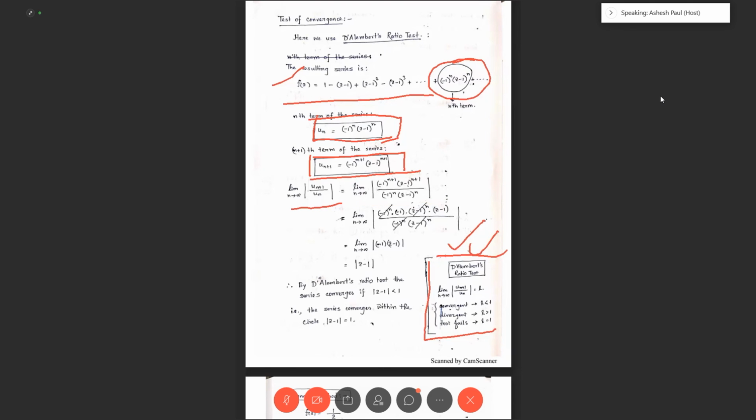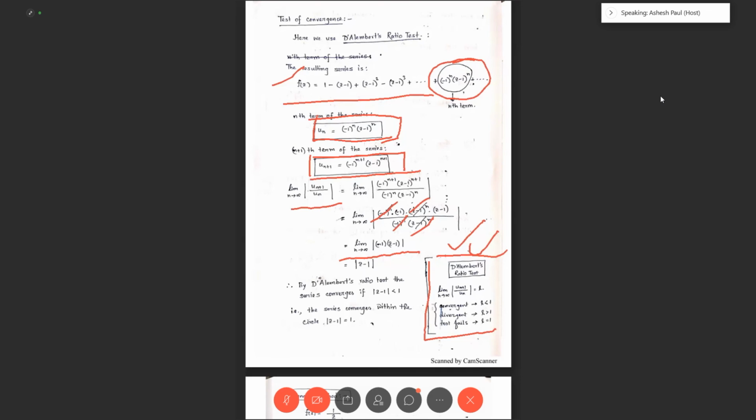Now in the numerator, we write (minus 1) to the power n plus 1 as (minus 1) to the power n into minus 1, and (z minus 1) to the power n plus 1 as (z minus 1) to the power n into (z minus 1). Then (minus 1) to the power n of the numerator and of the denominator cancel out, and the (z minus 1) to the power n terms cancel out. So we get only the limit as n tends to infinity of |minus 1 into (z minus 1)|. A negative inside the mod can be considered as a positive term.